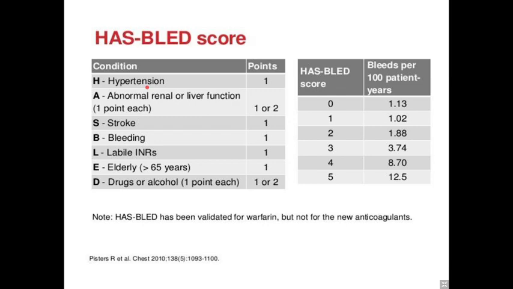If hypertension, 1 point, abnormal renal or liver function, 1 or 2 points, stroke, 1 point, previous bleeding, 1 point, labile INR, 1 point, elderly patients also 1 point, and drugs or alcohol use, 1 or 2 points. And if your patient has 3 and more points, very high risk of bleeding.